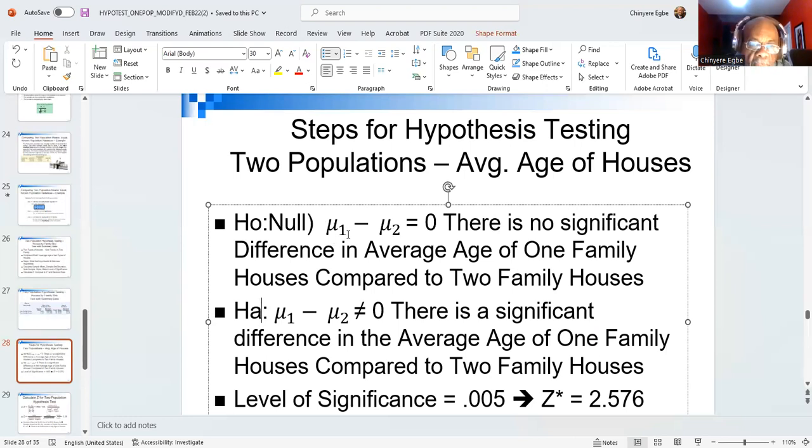The null hypothesis will be that mu1 minus mu2 is equal to 0. If the average age of houses is the same between two populations, what happens when you subtract those averages? If average 1 is equal to average 2, then average 1 minus average 2 will be equal to what? 0. Am I correct?